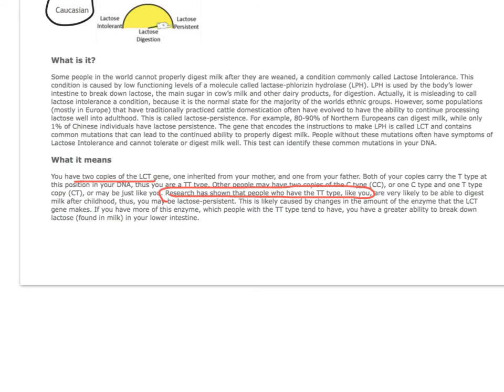I do enjoy ice cream and cheese, and I don't get any of the wind. And so if you're curious about whether or not you're going to be lactase persistent into adulthood, you could send your DNA off to one of these companies, and they could test you and not tell you, but strongly suggest the likelihood that you would be lactase persistent into adulthood.